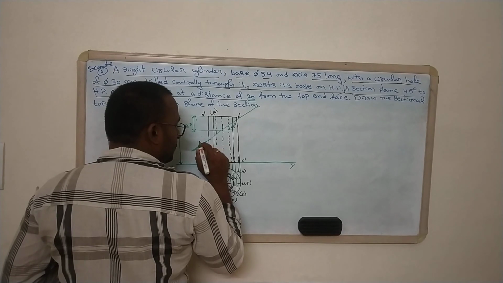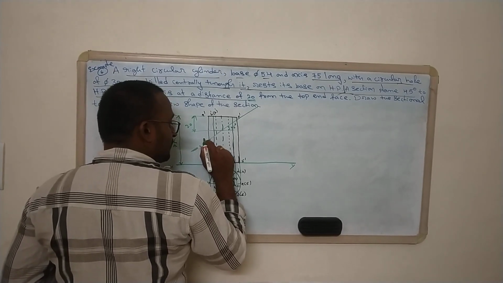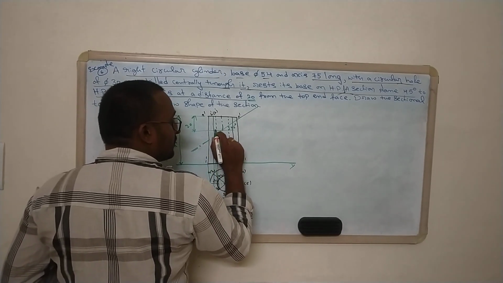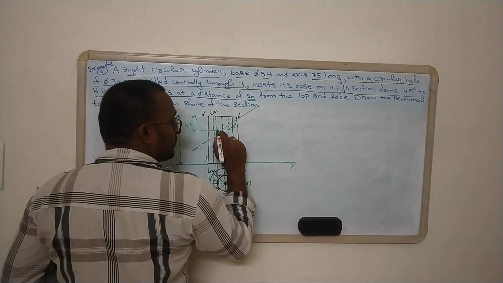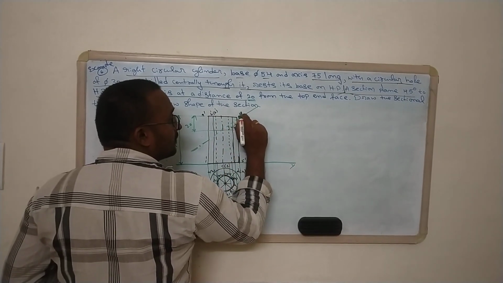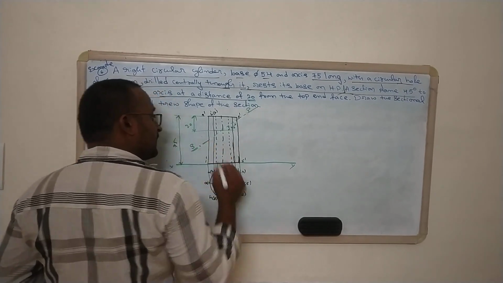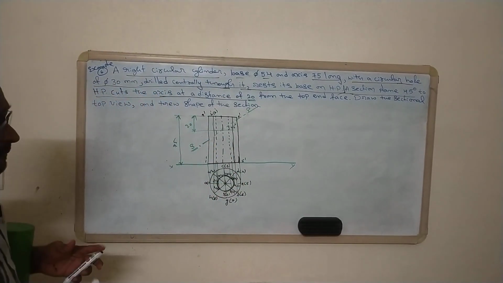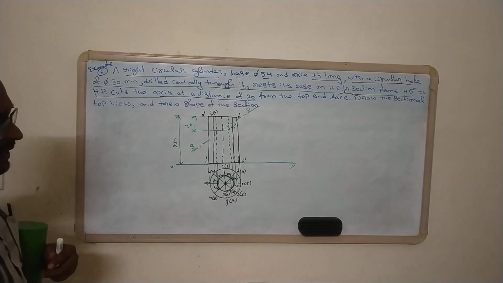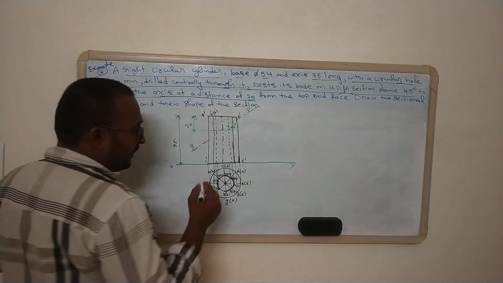This is the section plane, here it is SP, section plane. Then we need to mark the intersecting points of it.